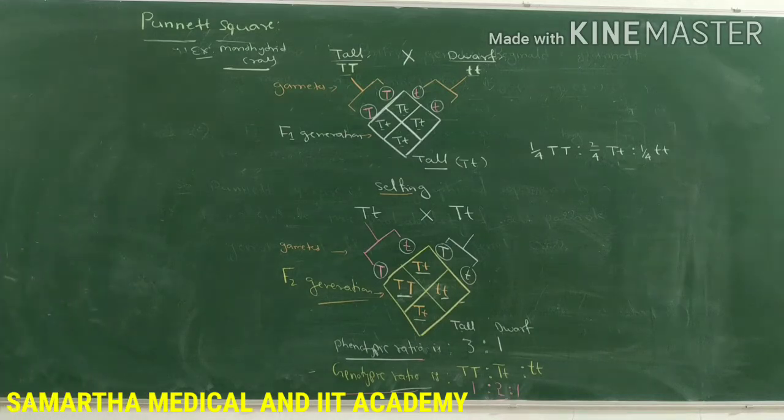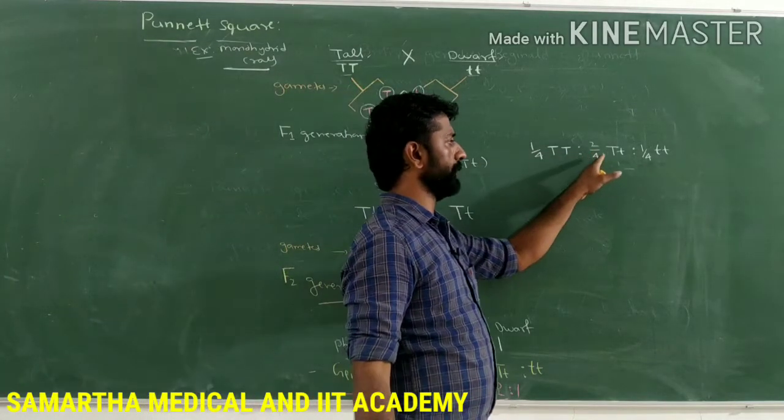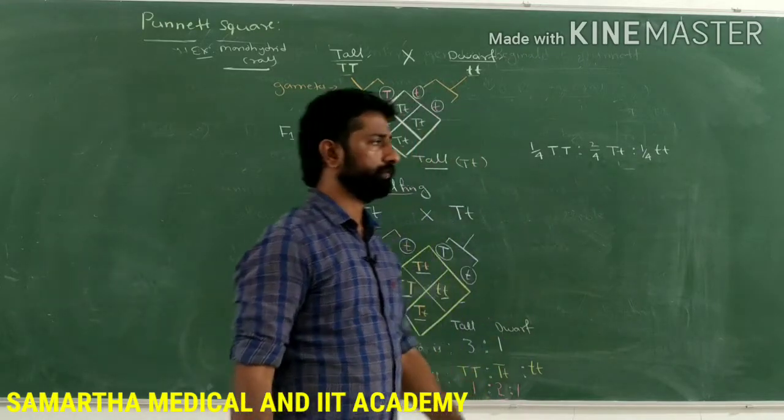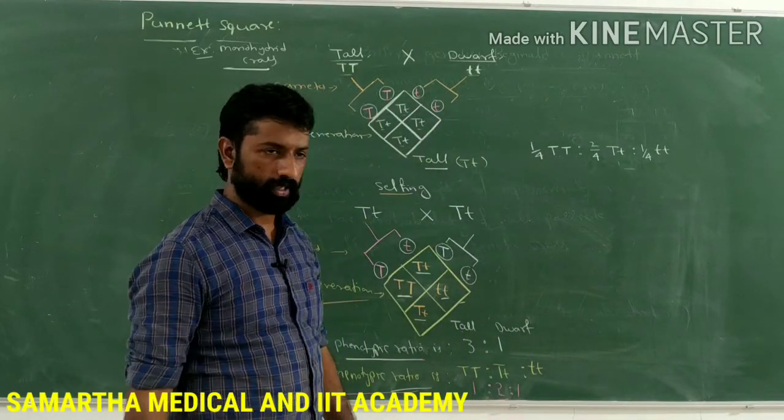One of the 4 progenies is homozygous tall, 2 of the 4 are heterozygous tall, and one of the 4 is homozygous dwarf.